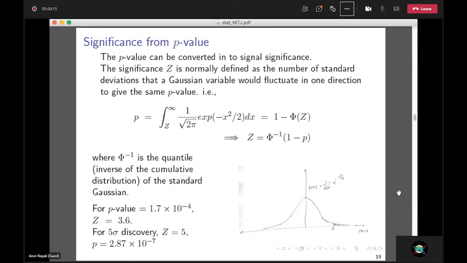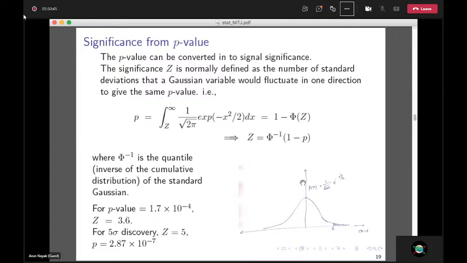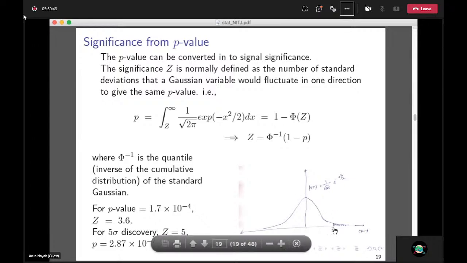Now given the p values, you can also convert back to signal significance. The significance Z is normally defined as the number of standard deviations that a Gaussian variable would fluctuate in one direction to give the same p value. So if you have a Gaussian distribution like this, the significance Z is defined such that if you integrate this Gaussian distribution from Z to infinity, you should get the same p value.